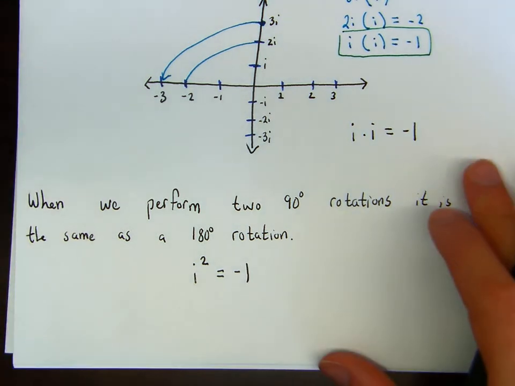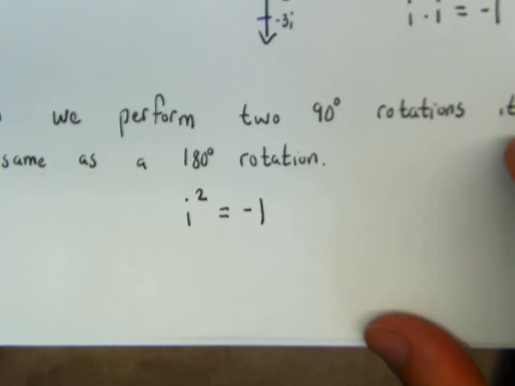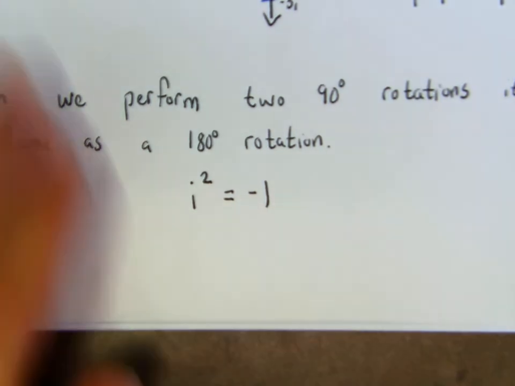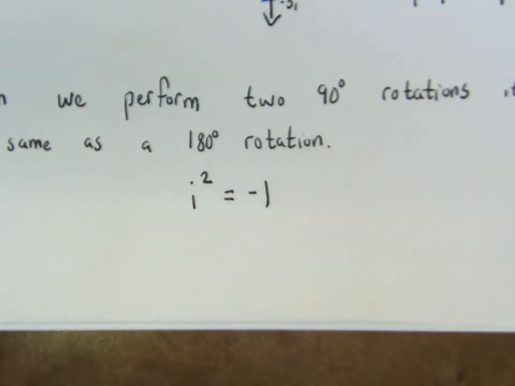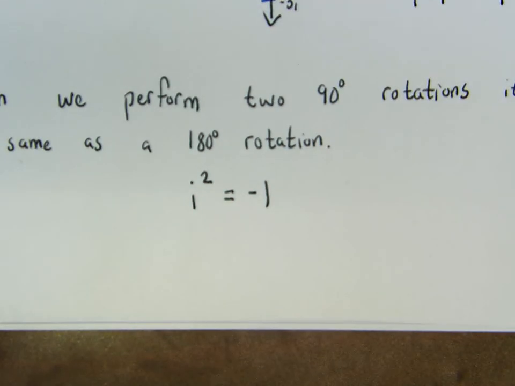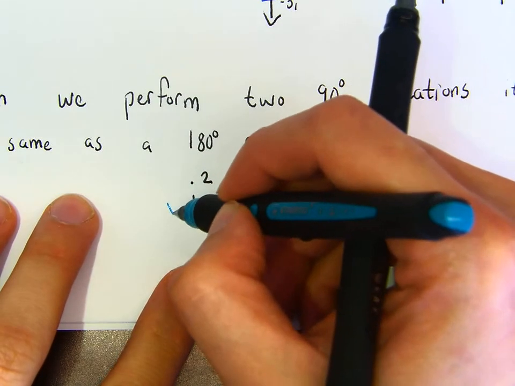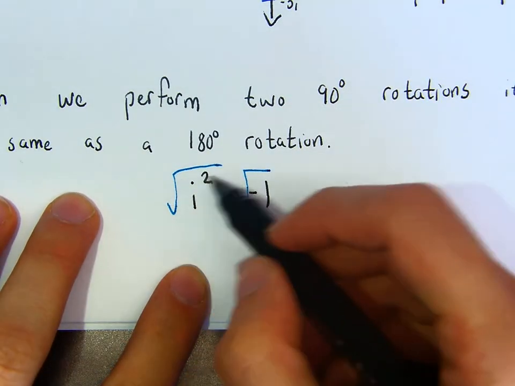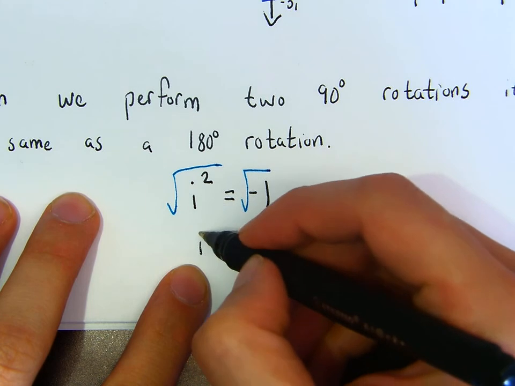Now if I said, how do I get I by itself? How would I solve this equation for I? If I pause the video and try and get I by itself. If I wanted to get I by itself, I would have to take the square root. So if I take the square root of I squared, that gives me I.